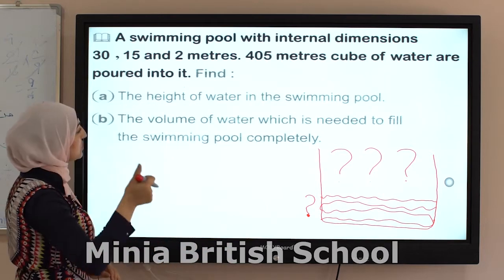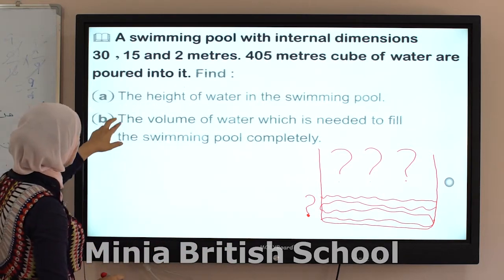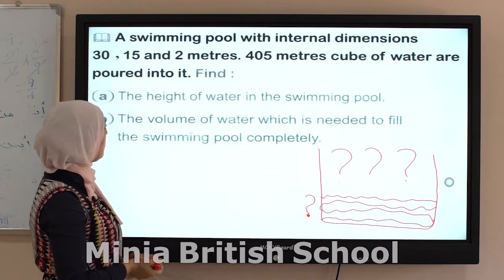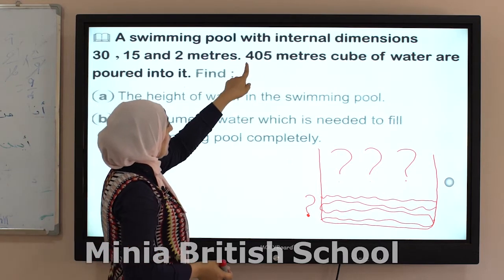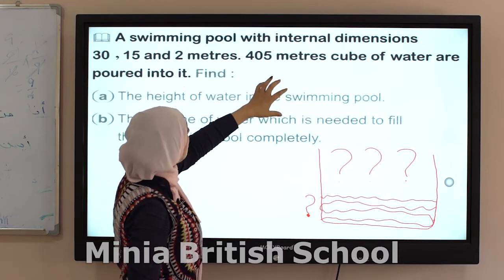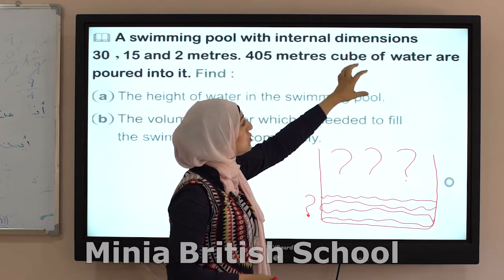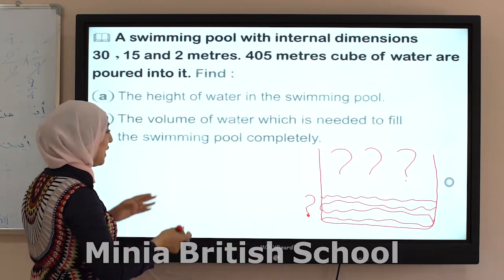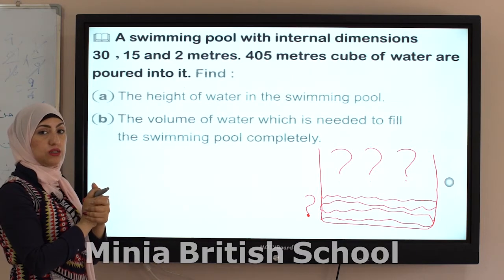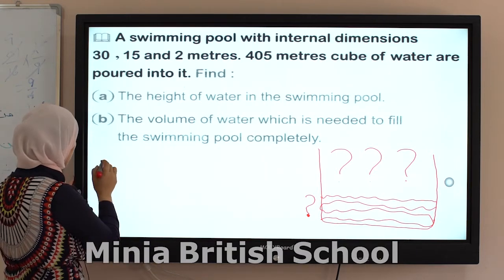Okay? So the first one, here I want the height. Here I have the volume of the water. I have the volume and I want to calculate the height. Can I? Yes, sure. How?